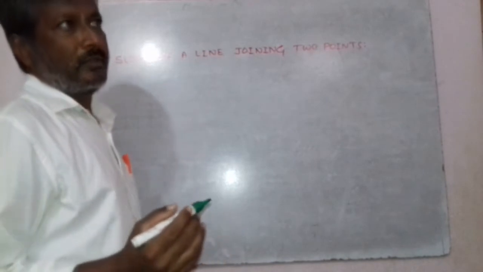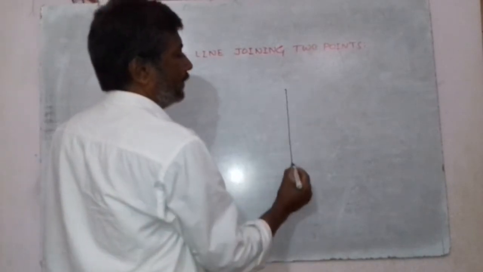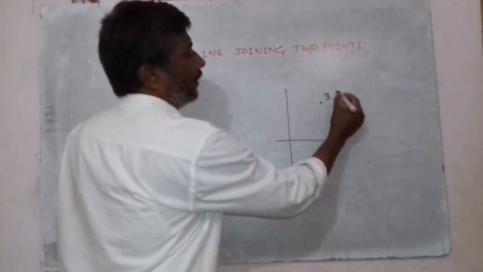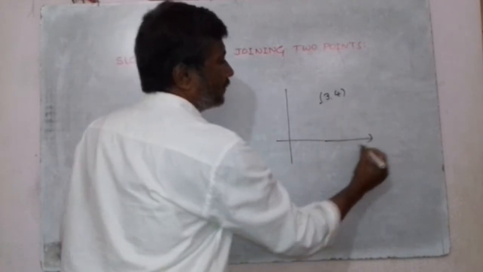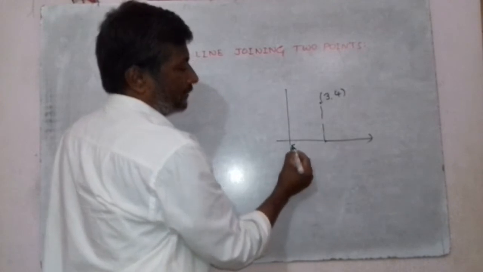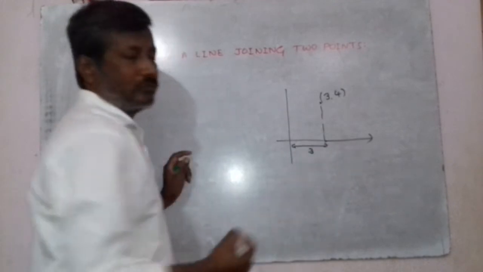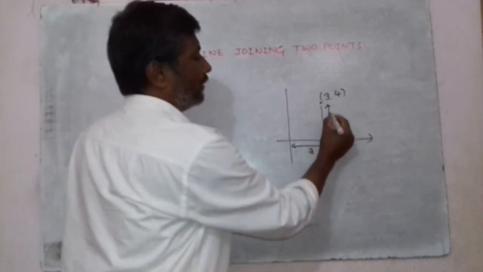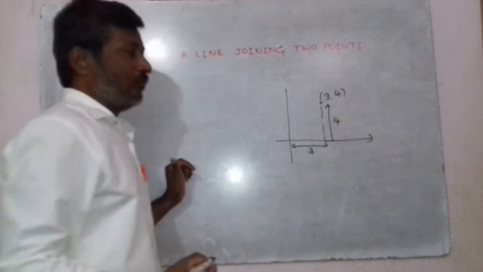Already we know the concept of a point. The point (3, 4) means along the x axis the distance is 3 and the height along the y axis is 4.